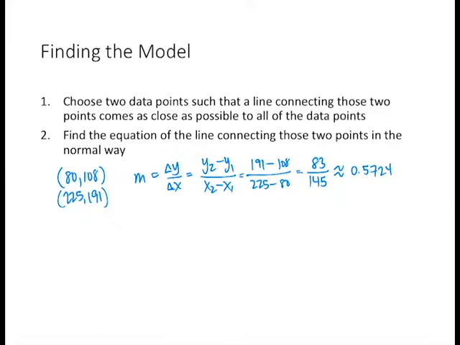All right, we found our slope. Now we'll use our point slope form. y minus y0 equals m times x minus x0. We can use either one of these points. I'll just go ahead and use the first point. So this is y minus 108 equals m, which is 0.5724, times x minus x0, so that's 80.